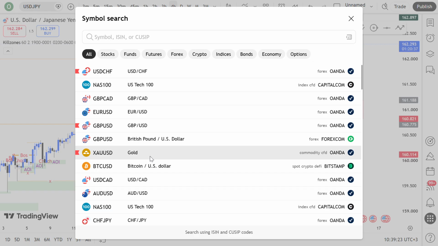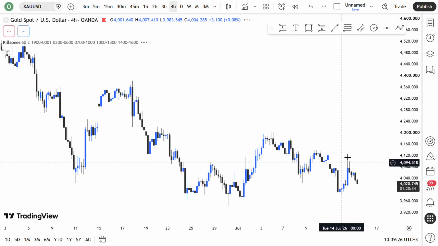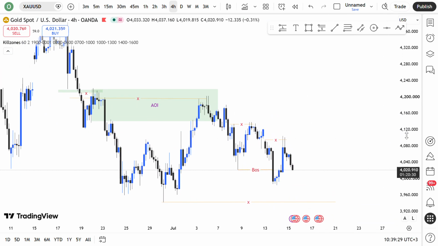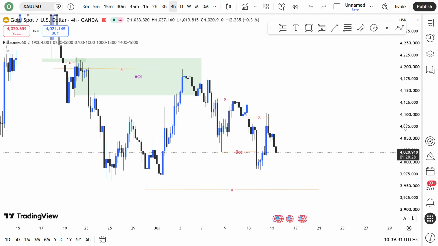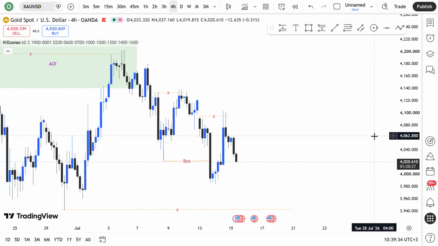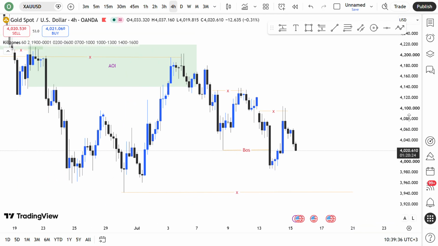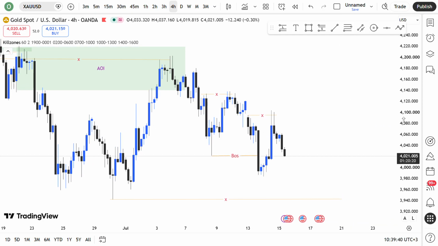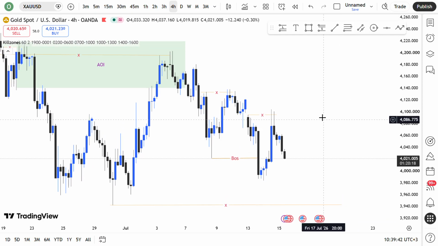So on gold, guys, let's see if we can get some sweep of liquidity inside our key zone that we have spotted from a higher time frame when we are doing top-down analysis.